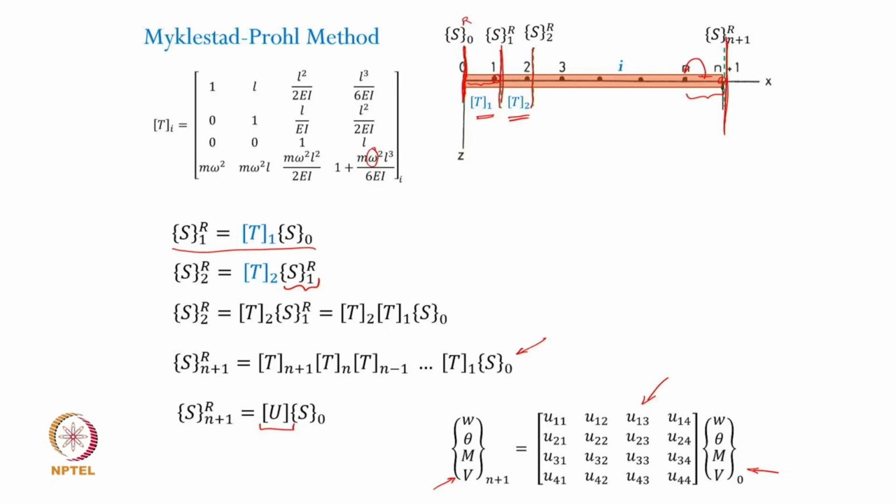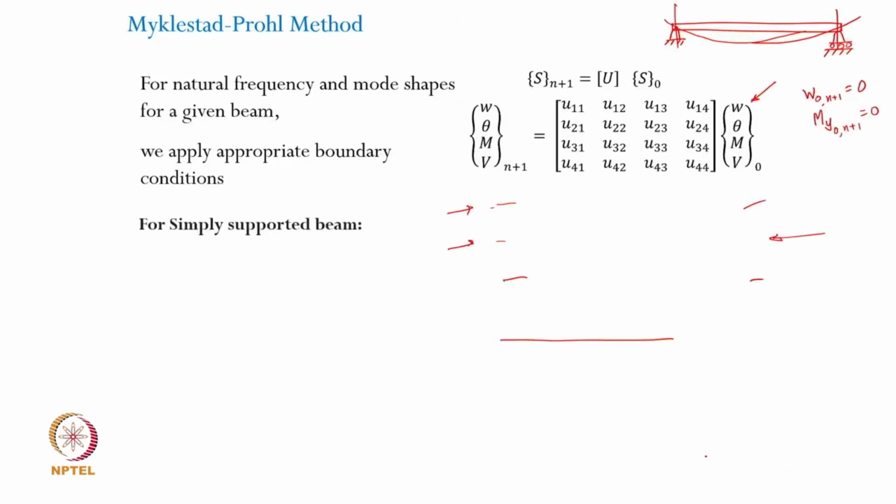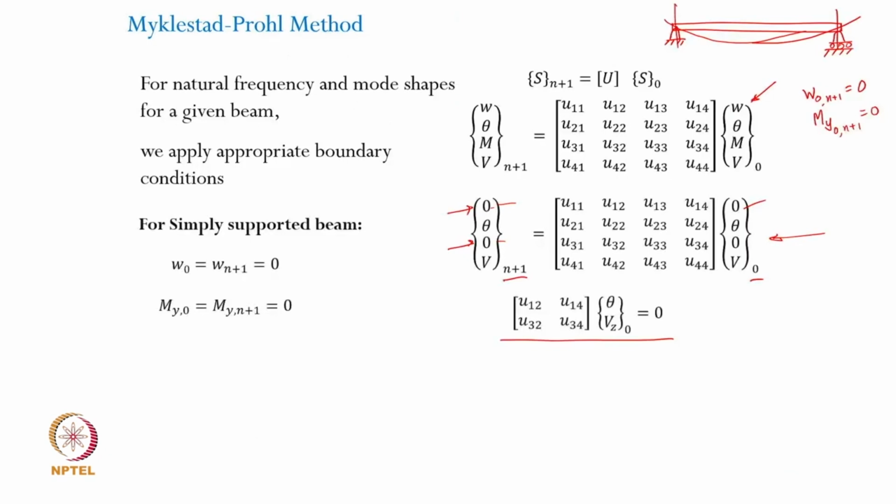In fact, at all segments, you multiply all T's together to generate the overall transfer matrix, and then only select those number of elements to evaluate this particular relation or equation. So find out whether this equation is equal to 0 numerically, okay. And if this is equal to 0, then that becomes your natural frequency.